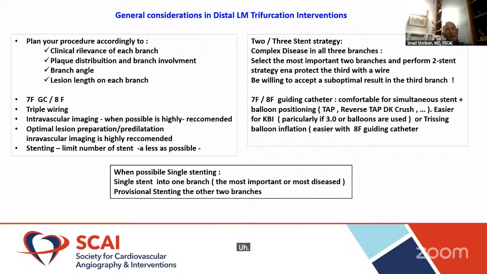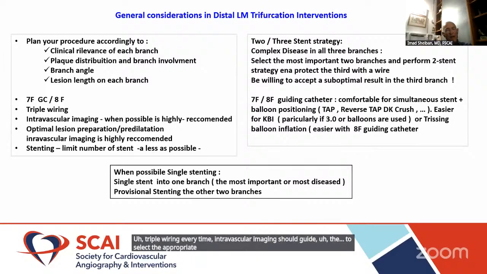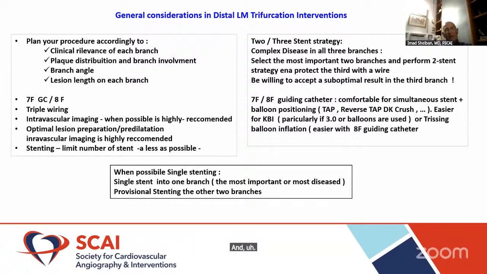Triple wiring every time. Intravascular imaging should guide to select the appropriate procedure. And in stenting, we should limit the number of stents as much as possible in order to avoid metal overlapping at the carina.